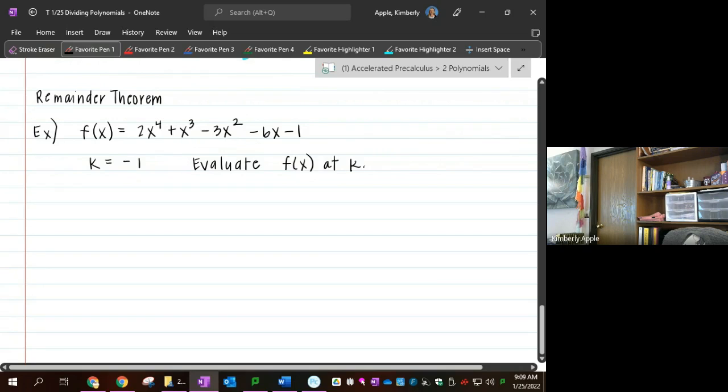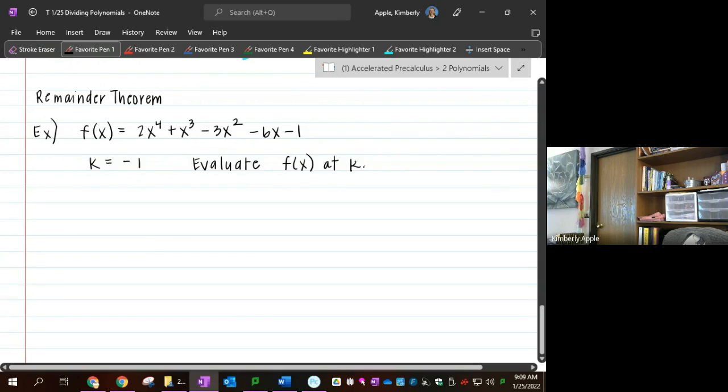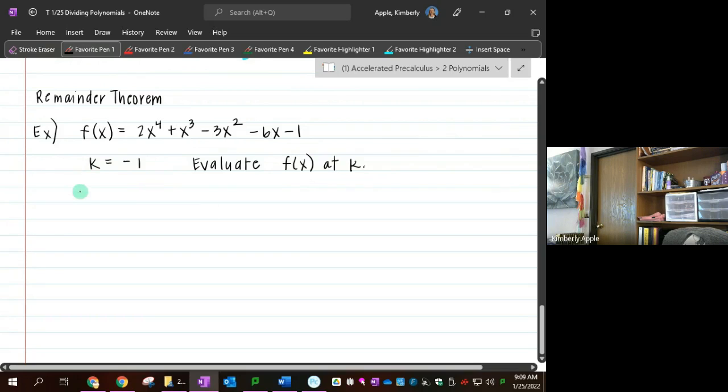So when I say evaluate, that just means plug in, right? So what's k? Negative 1. So evaluate that function at negative 1. So let's do that real quick. And if you don't remember how to do that, you just plug in negative 1 everywhere you see an x. And then it's just a number. You're just going to get a number. So essentially what you're looking for is f of negative 1.